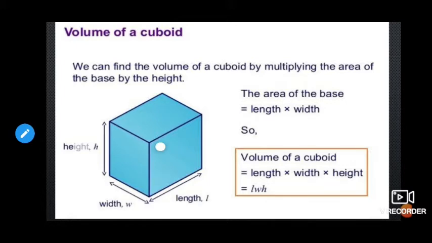The base, we have to take that many times, the full height. Then we will get the volume. So the volume of the cuboid is L into W into H, or somewhere we use breadth instead of width, so L into B into H.